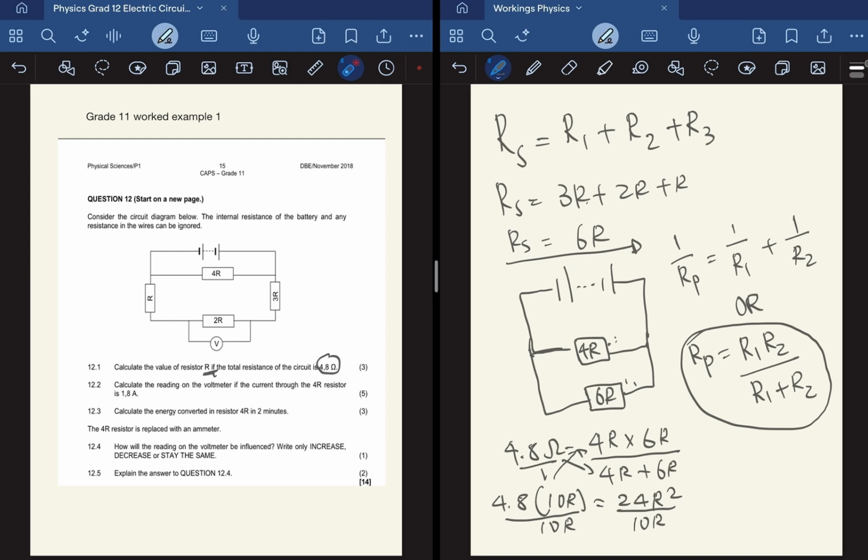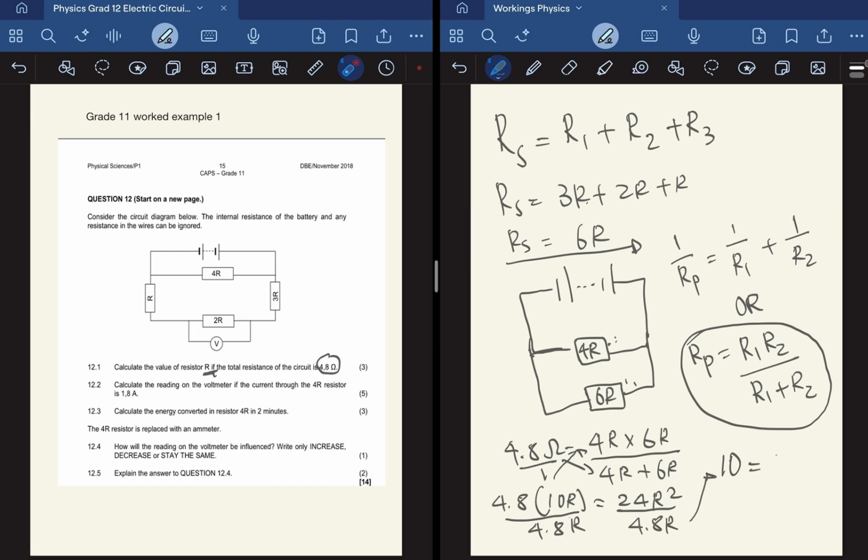24 divided by 10 will give you a decimal. It is preferable to use something that will give you a whole number. So let's start by dividing with 4.8R on both sides. And then on this side, you're going to be left with 10 is equal to 24 divided by 4.8.